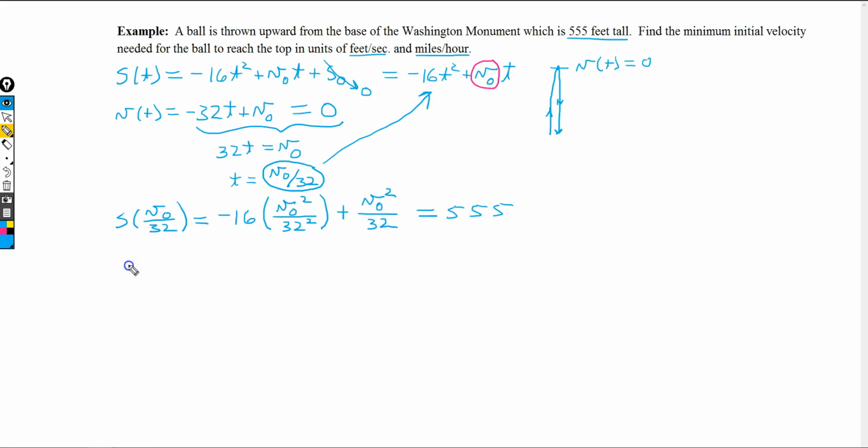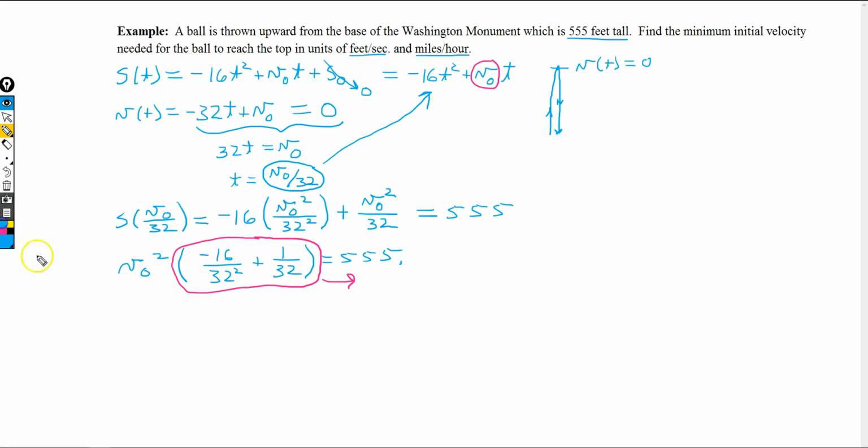So we're going to get v naught squared times, and we're going to have left in here, there we go. And now we're just going to take this quantity right here, all of this, divide it under the 555, and then we'll take the square root of everything to get rid of that square. And when we do that, we end up with this for v naught.